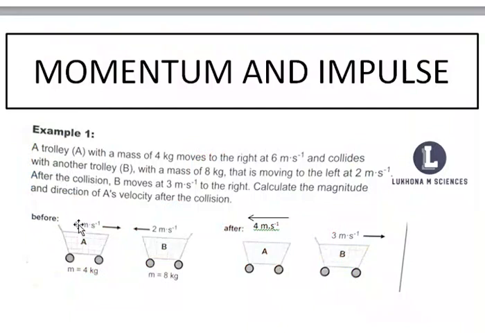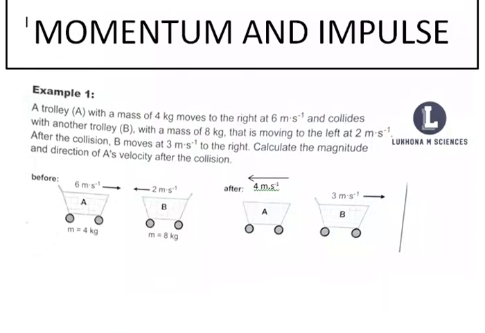Example number 1, let's just look here. We have object A with 6 meters per second initially, and object B moving with 2 meters per second west. Then we have A after collision 4 meters per second west, and B 3 meters per second east. Now we want to check whether the collision was elastic or inelastic.